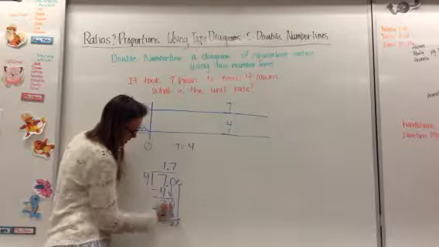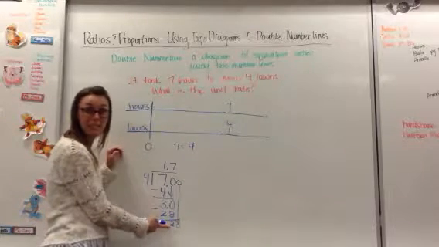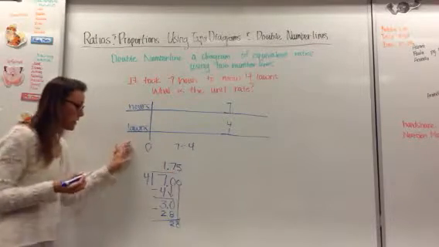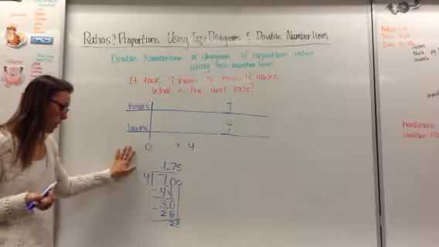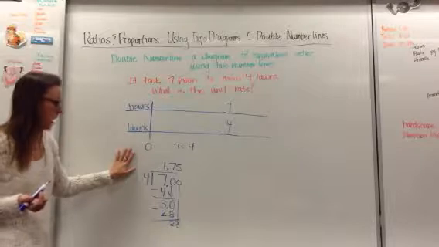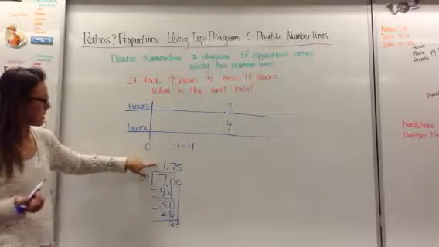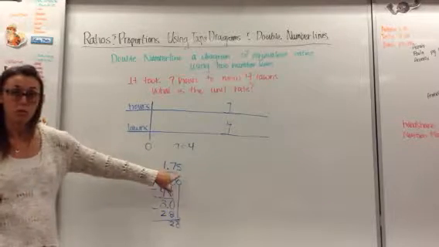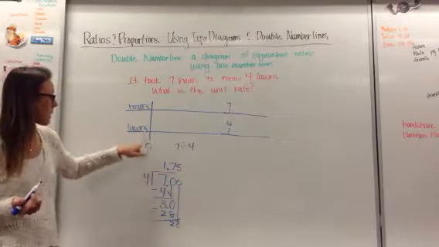Bring that down. 4 goes into 20 5 times. Okay, so now I know that the lawns are being mowed at 1.75 hours, or 1 3/4 of an hour per lawn.